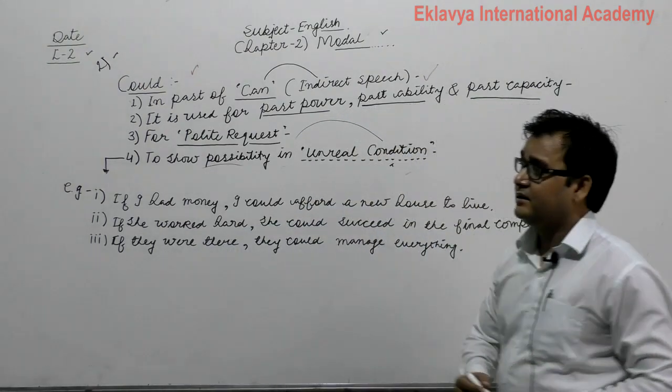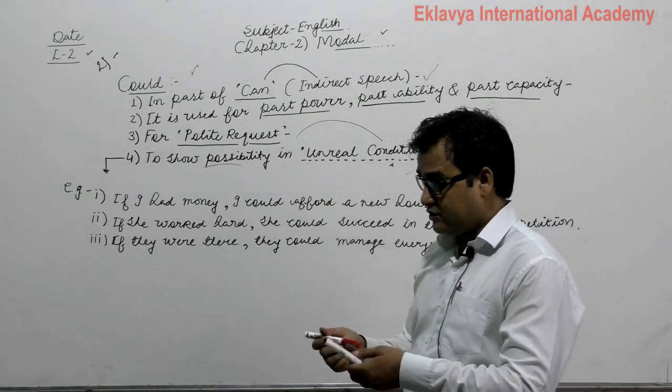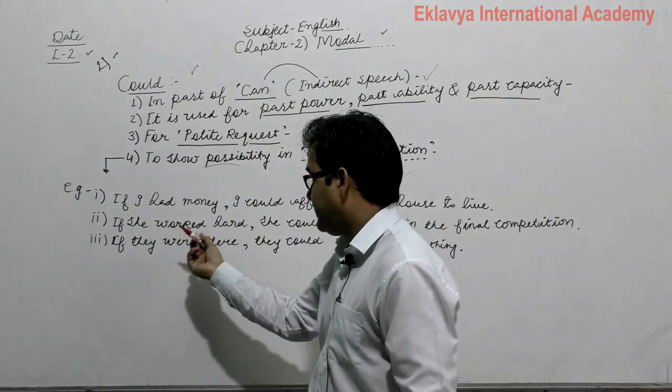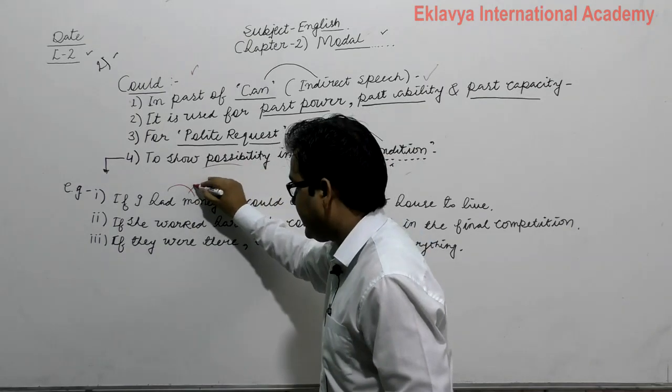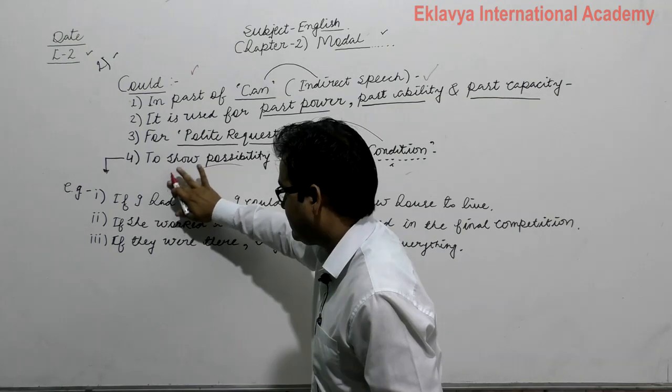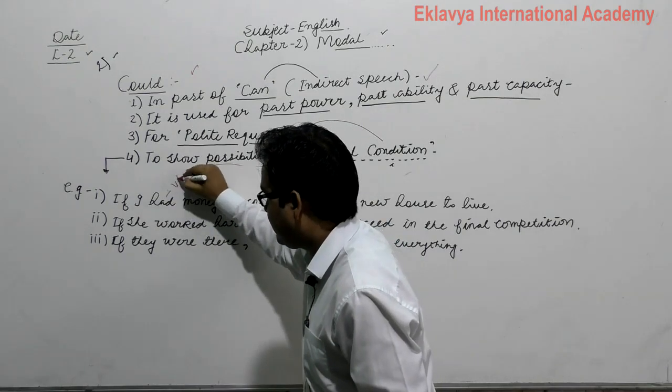Okay students, enough examples. We have to complete this topic. So I have used had plus first form, it is not had exactly, it's not first form, I have used the second form here.